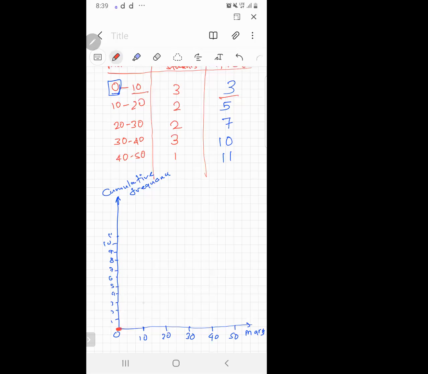Upper limit 10, cumulative frequency 3. Upper limit 20, cumulative frequency 5. Upper limit 30, cumulative frequency 7. Then upper limit 40, cumulative frequency 10, and upper limit 50, cumulative frequency 11. So your cumulative frequency graph is like this. Did you get the idea?